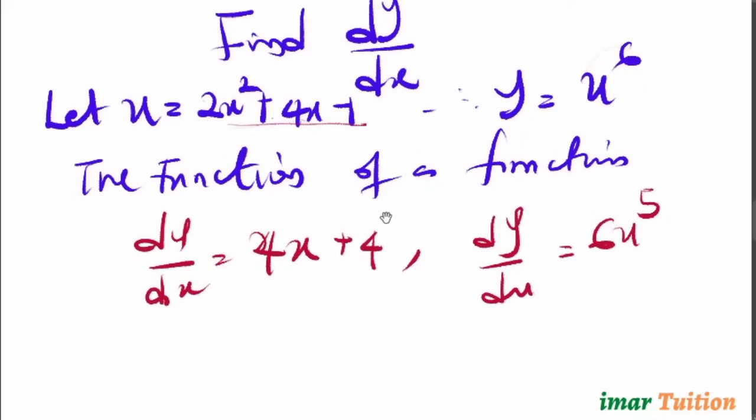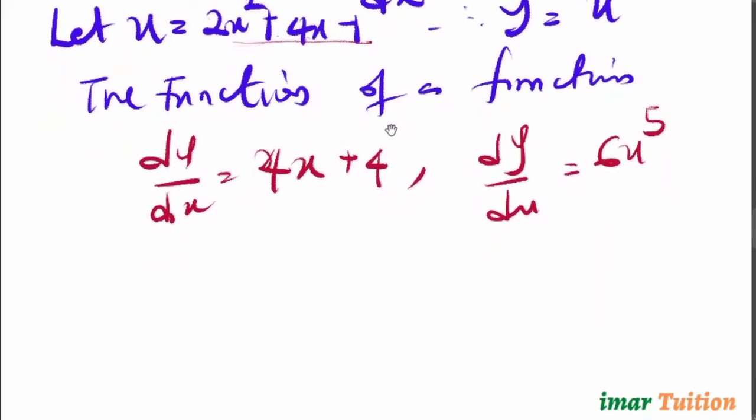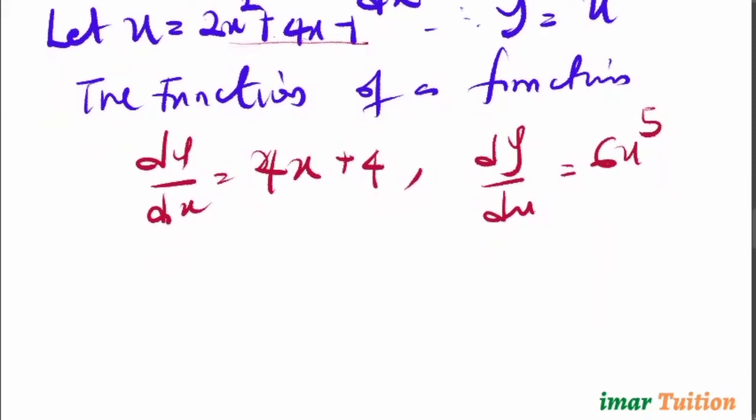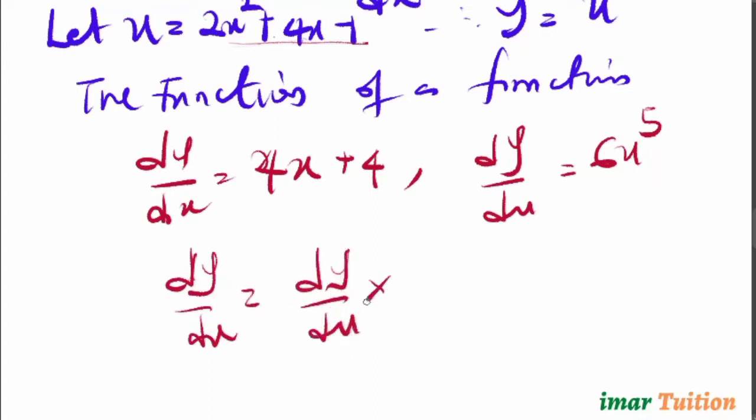Now, let's chain u to x as we have done, and then chain y to u. Finally, our dy/dx, the chain rule, is equal to dy/du times du/dx. Y is a function of u, which is a function of x, hence the function of a function.